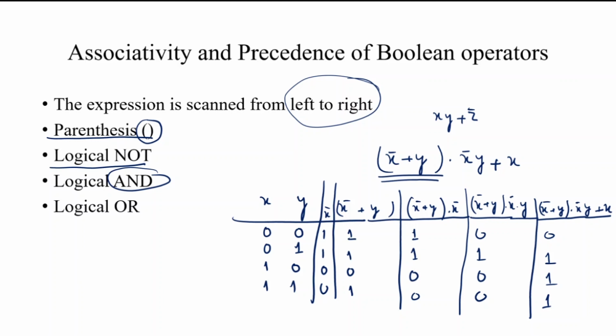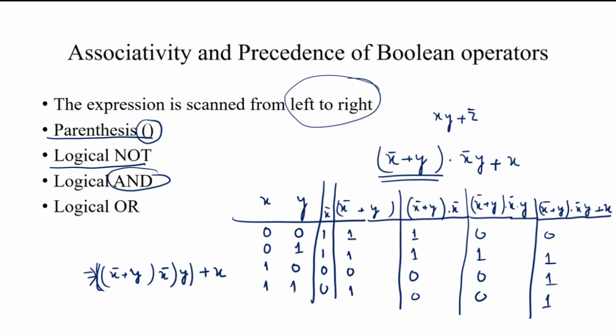Simply for evaluating this expression, first we evaluate this X complement plus Y, and inside the parenthesis first we evaluate the complement and then add. What will be the result of this is multiplied with X complement, and the result of this column is multiplied with Y, and then the result of this is added with X.